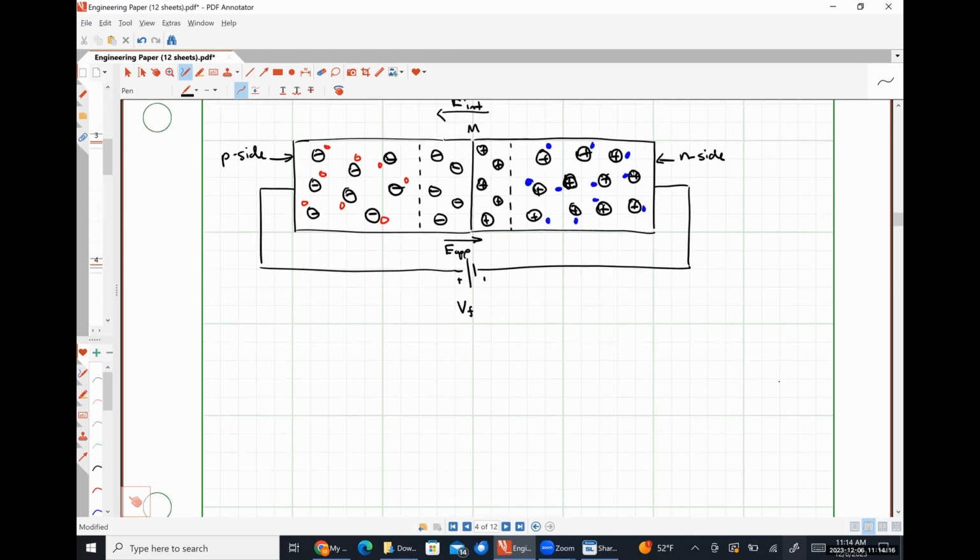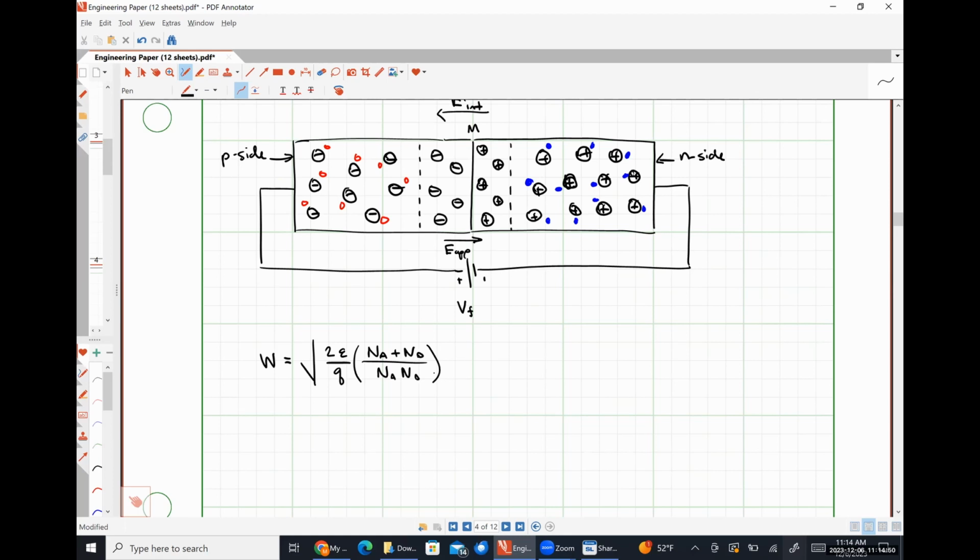So we will see that the width of our depletion region, W, no longer W naught, because we are not at thermal equilibrium, we are applying external stimulation to this system, is going to be the square root of twice epsilon over q times (N_A plus N_D) divided by (N_A times N_D).